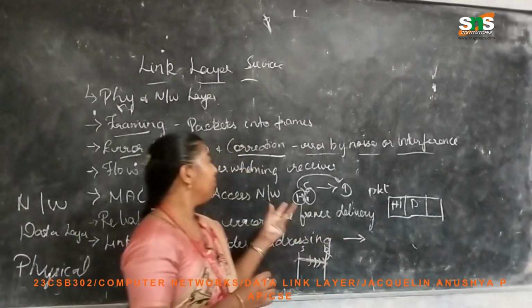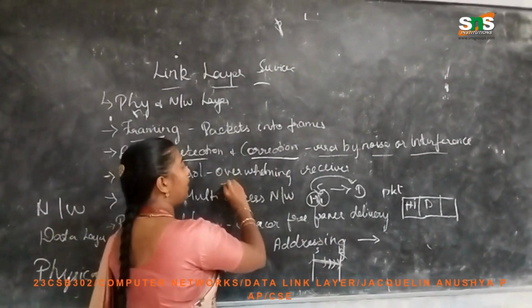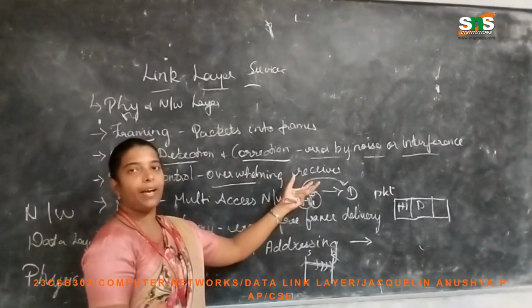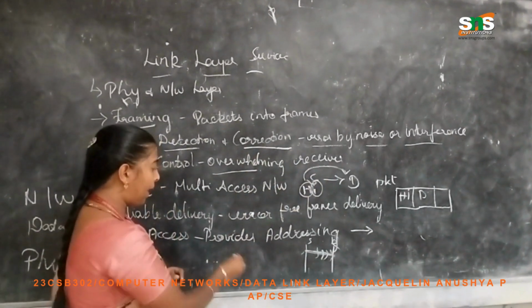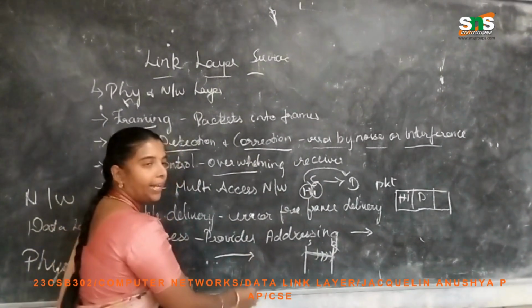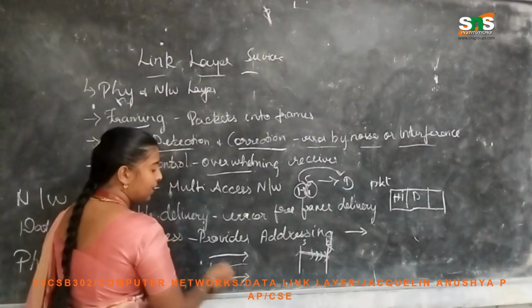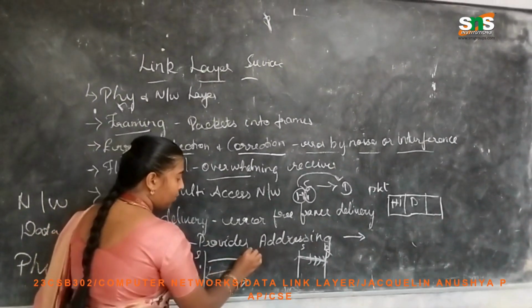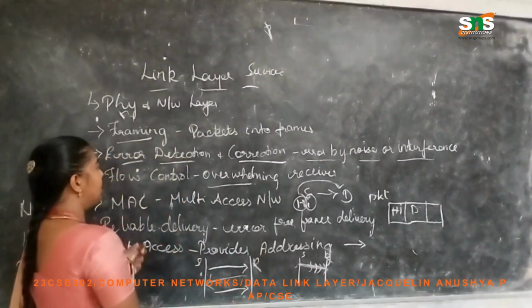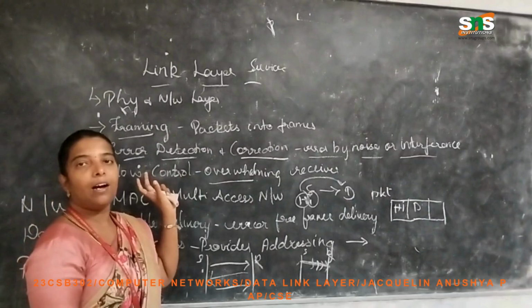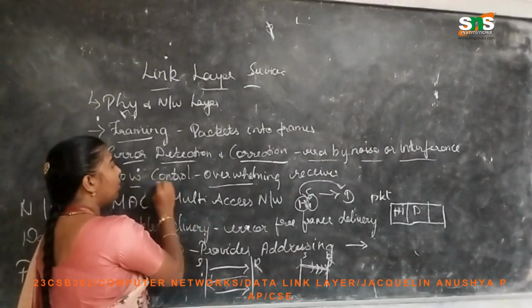Then overwhelming happens at the receiver end, because one packet can be sent only at a time, and only after receiving the acknowledgement can another packet be sent from the sender to the receiver side. With this, we can adjust the flow control of your communication.